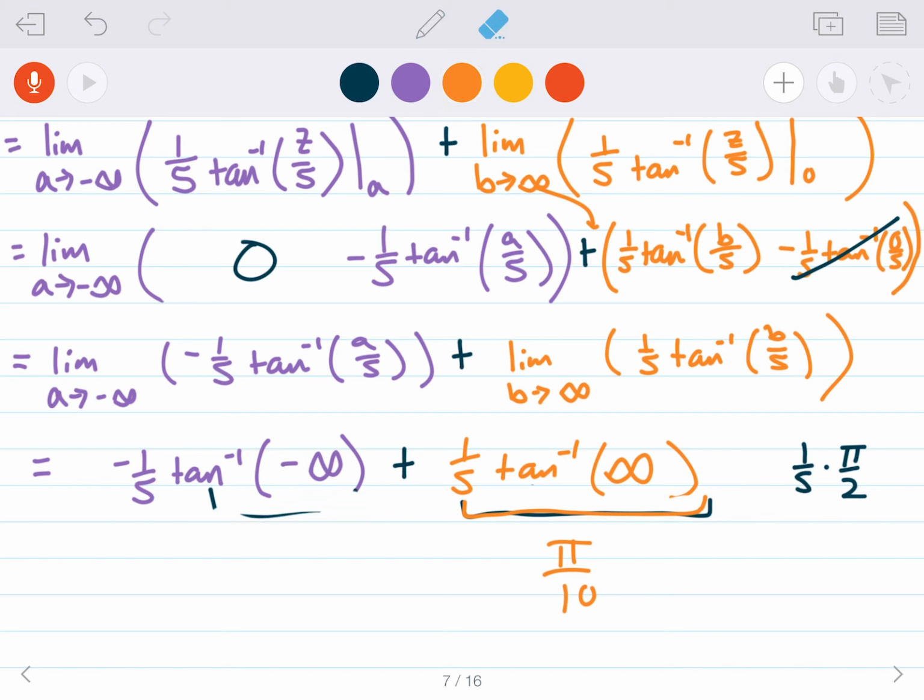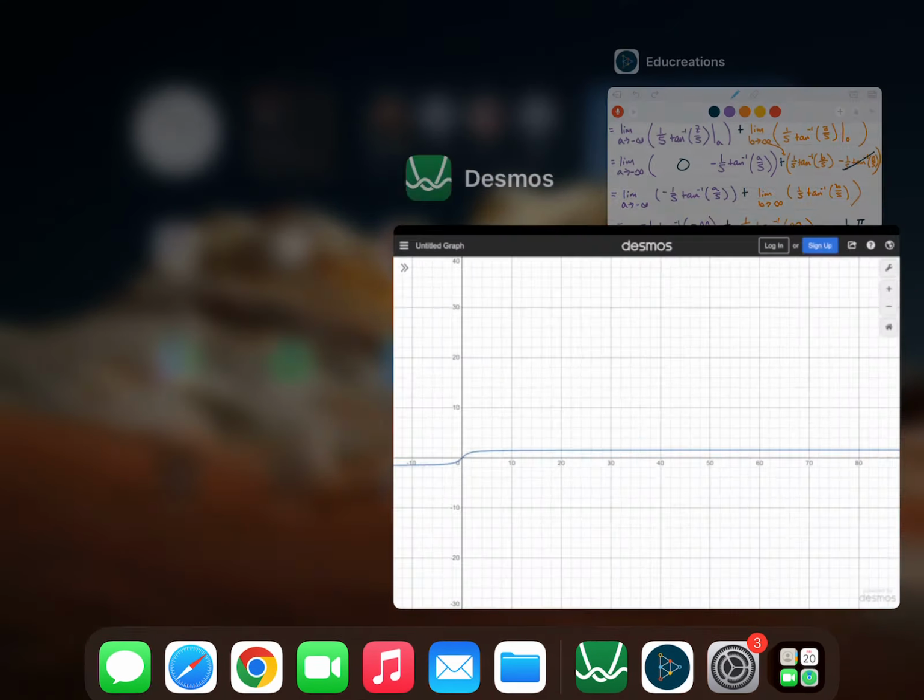And over here, well, for a very similar reason, tan inverse of negative infinity, as this thing goes to negative infinity, this thing is going to approach negative pi over 2. Okay, and again, we can see that on the curve.